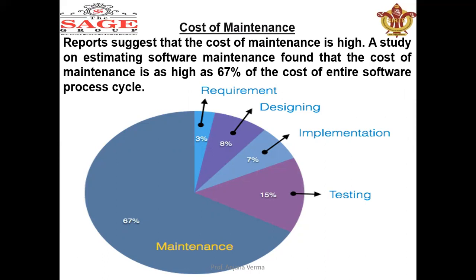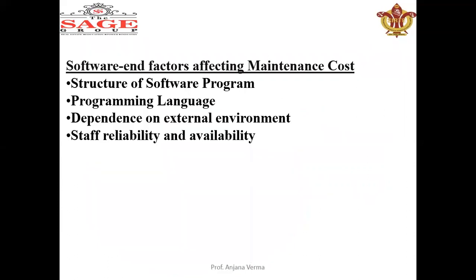In testing time, which is also part of maintenance, the cost will be 15% of your software. But if you deliver your product to the customer and then problems occur and you have to maintain the problems and things, then the maintenance cost will be very big, up to 67%.